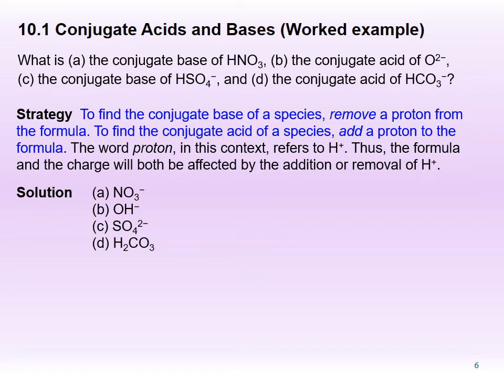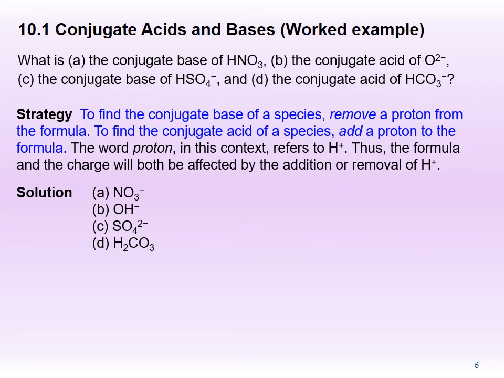Next, take charge into account. Like part A, H left without the electron it used to share with oxygen in hydrogen sulfate ion. Thus, SO4 ought to have another negative charge, so it has a double negative charge in sulfate ion SO4 2-.